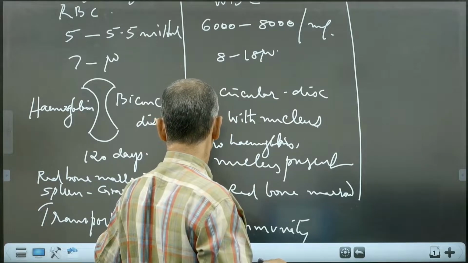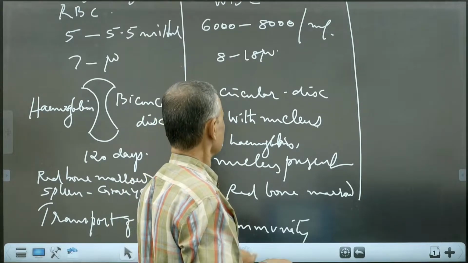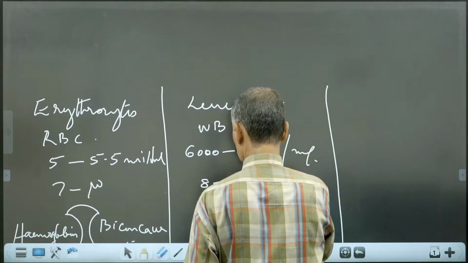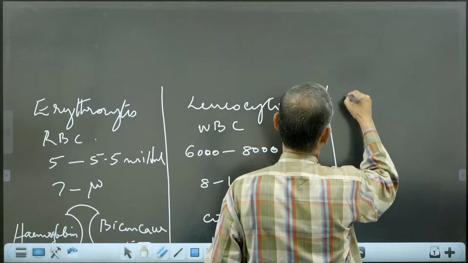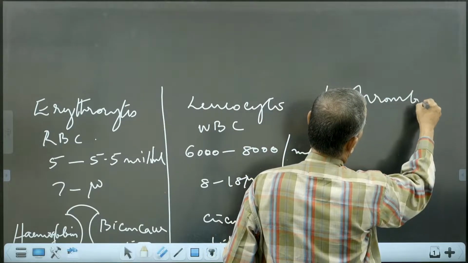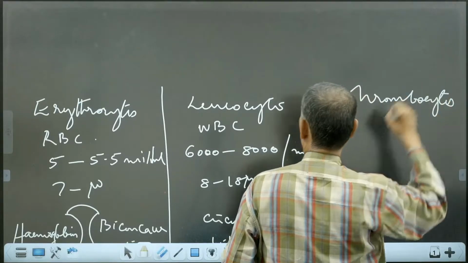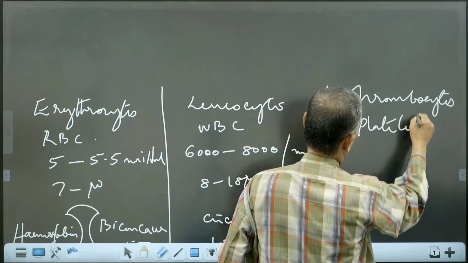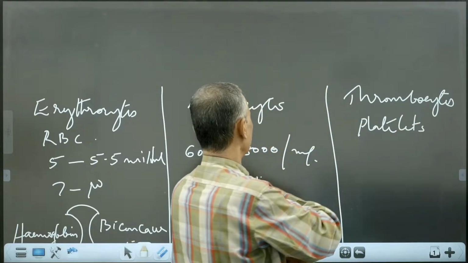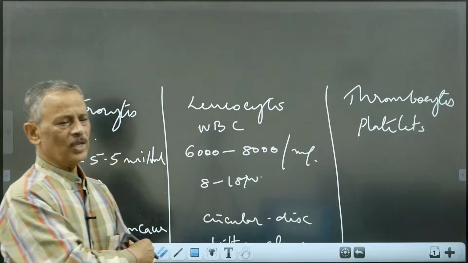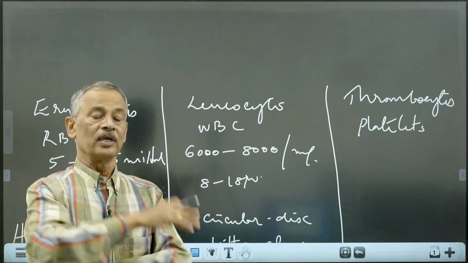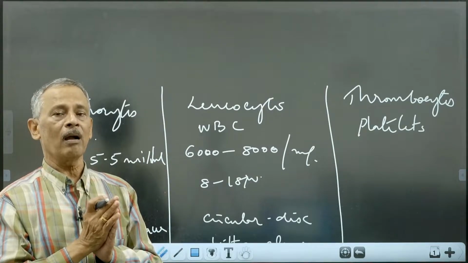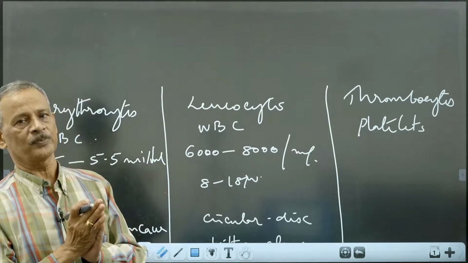Whereas in the third category, which is called thrombocytes, thrombocytes are simply called as platelets. Why they are called platelets? Because they are formed by the splitting of large nucleated cell called megakaryocytes.